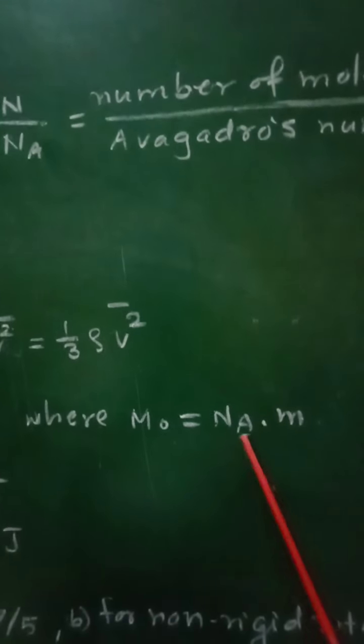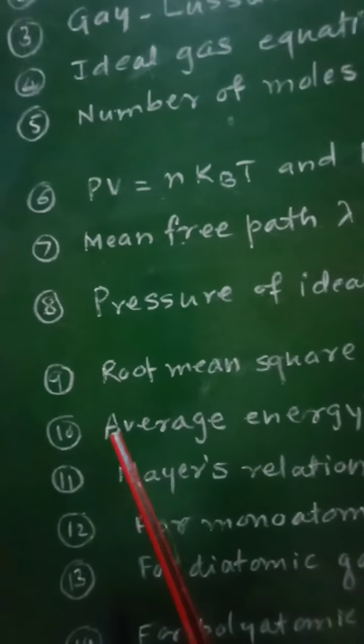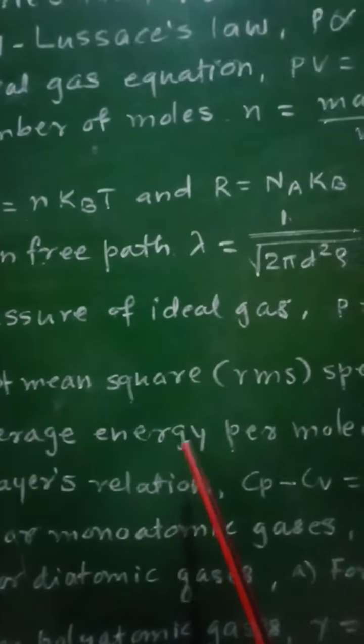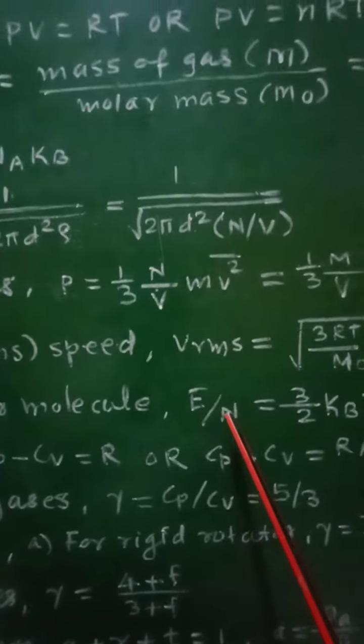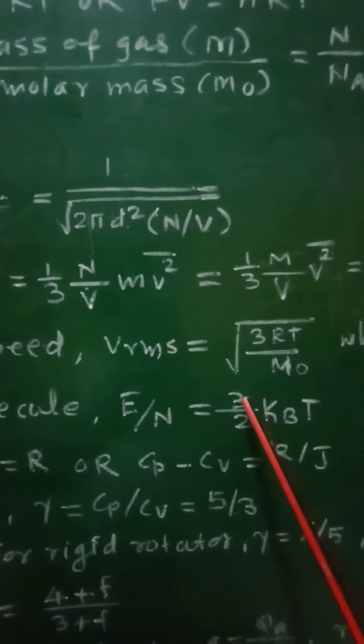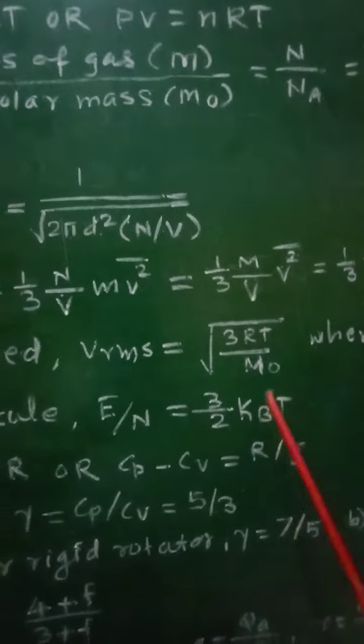Then 10th formula is for average energy per molecule, which is given as E by N equal to 3 by 2 kBT.